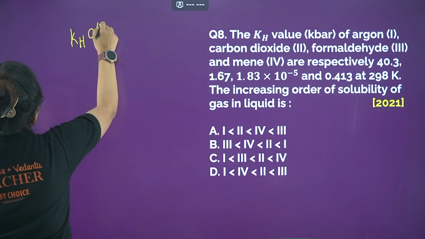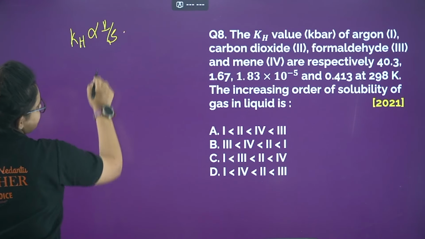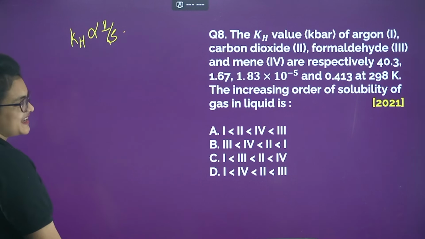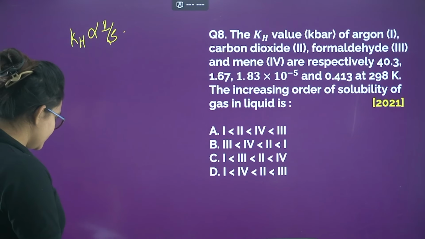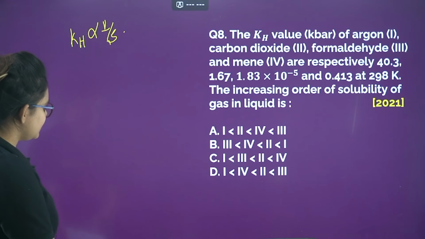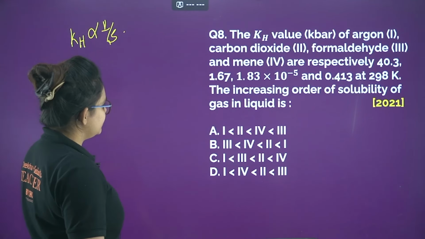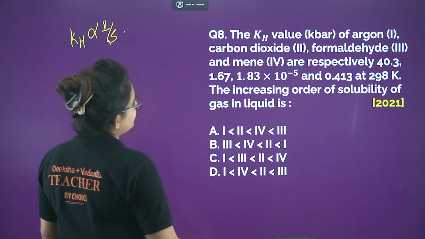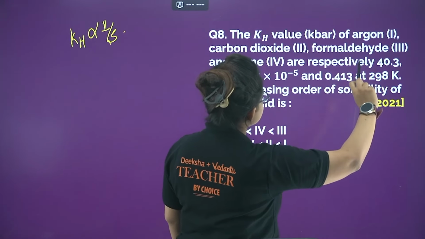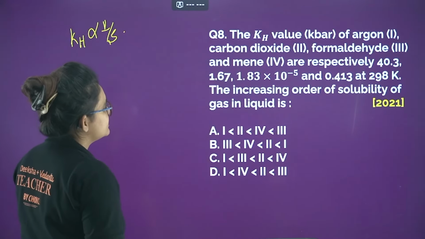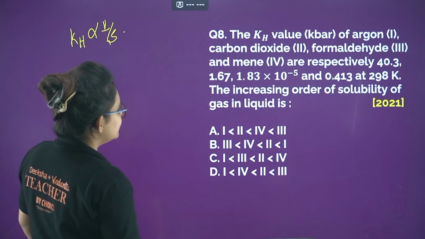KH is inversely proportional to S, so the lesser the KH value, the more the solubility. Argon has the highest KH value, 40.3.